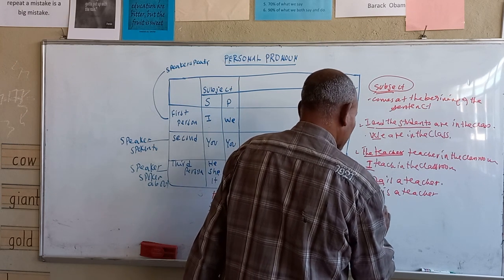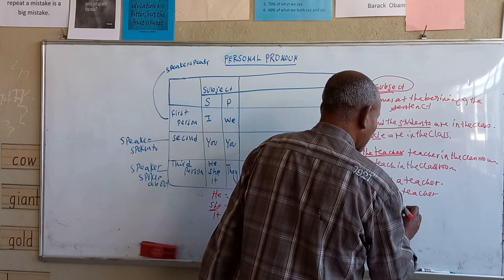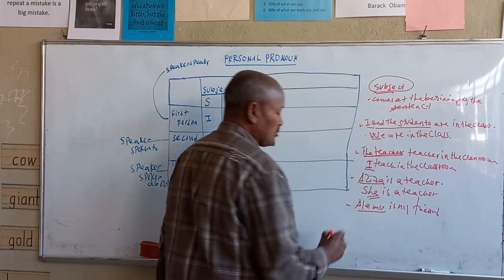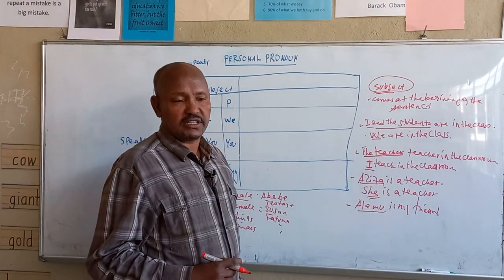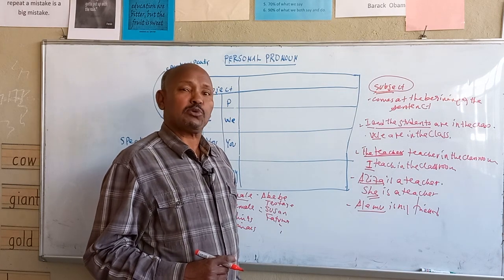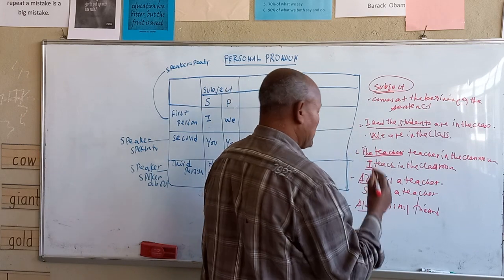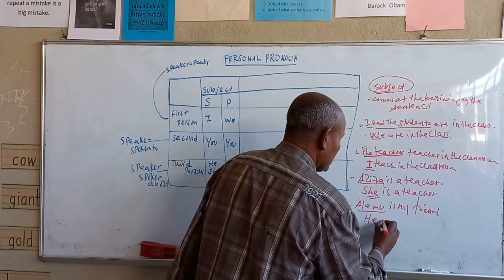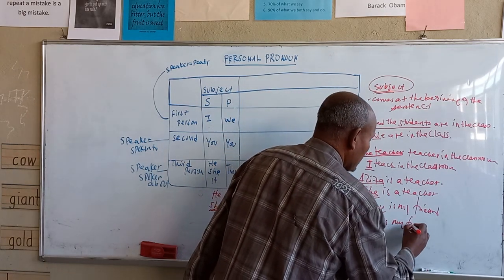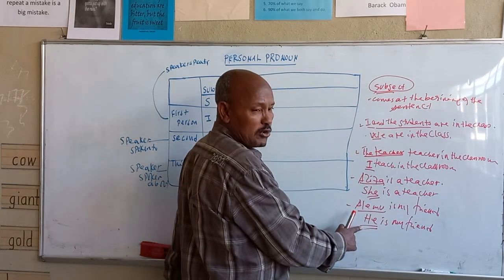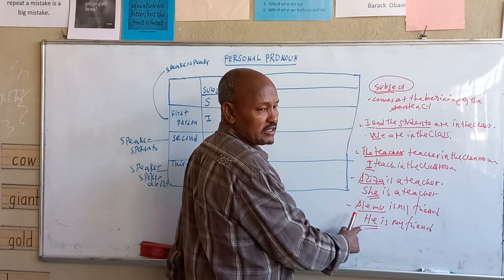The other one is Alamu is my friend. Here, Alamu is the subject of the sentence. He is masculine, so it can be substituted with the correct personal pronoun. He is my friend. That's true. So he represents the subject of a sentence.